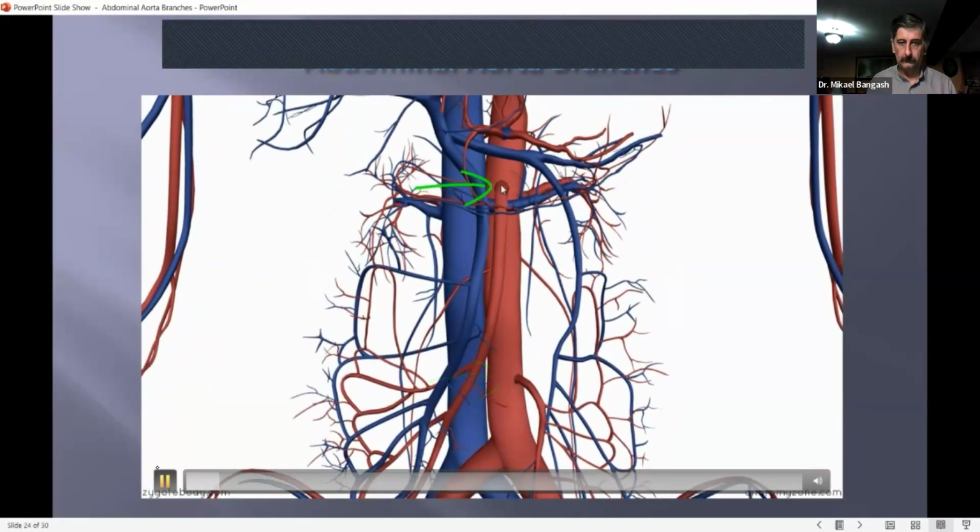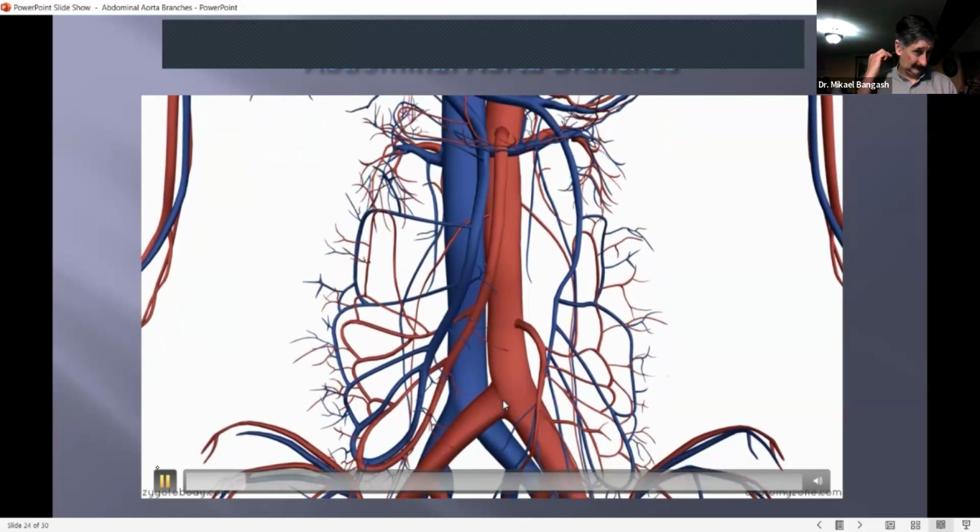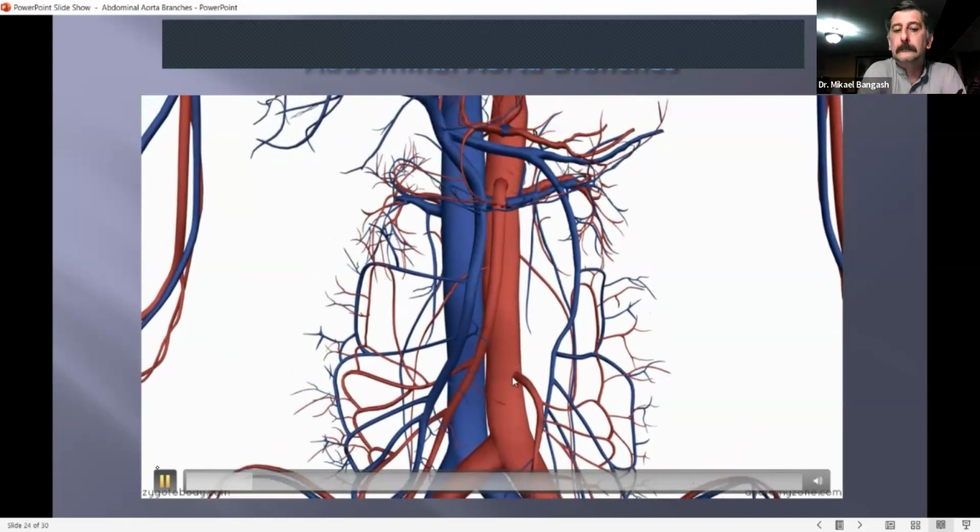Above it you've got the superior mesenteric artery and the celiac axis, which supply the other gut structures. The inferior mesenteric artery originates on the aorta at roughly the level of lumbar vertebra L3. Remember, the aorta bifurcates at L4, so just a little bit above this you've got the inferior mesenteric artery.